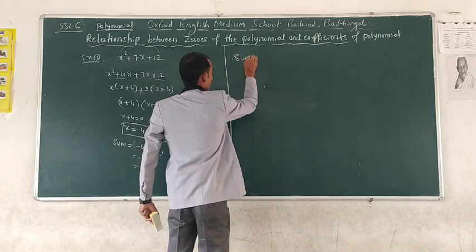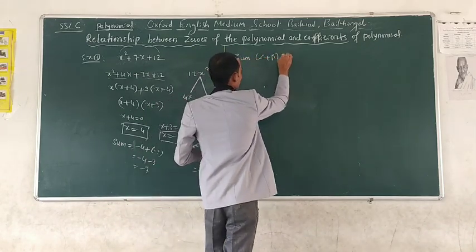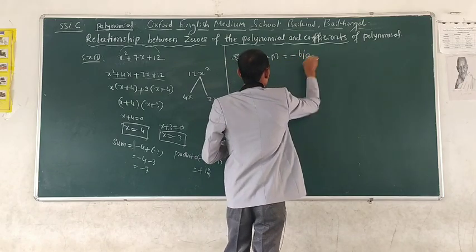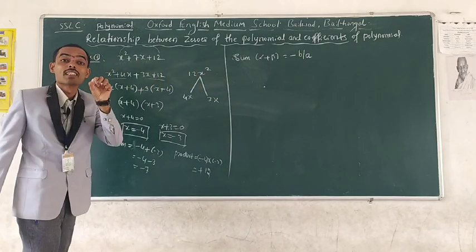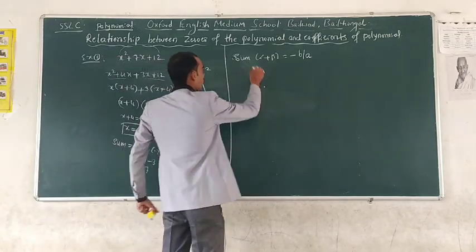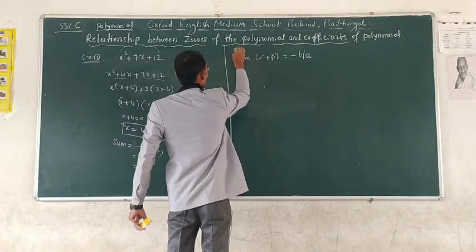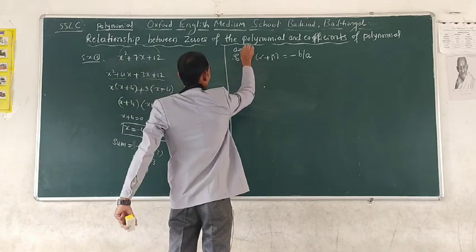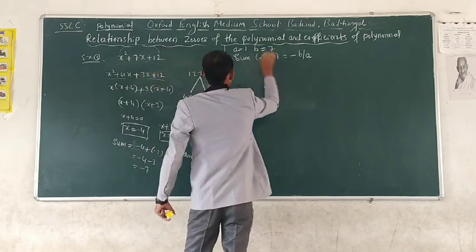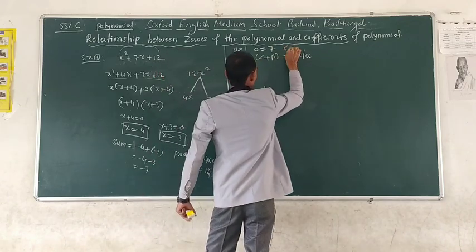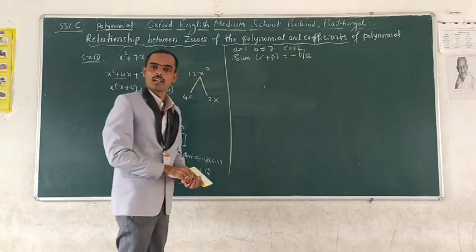Before that, we have to write the coefficients. a is equal to 1, b is the coefficient of x, which is 7, and the constant c is 12.